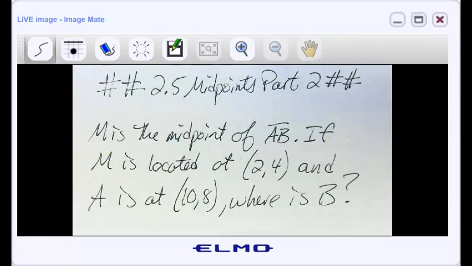You just have different bits of information now. Does anybody have a guess?